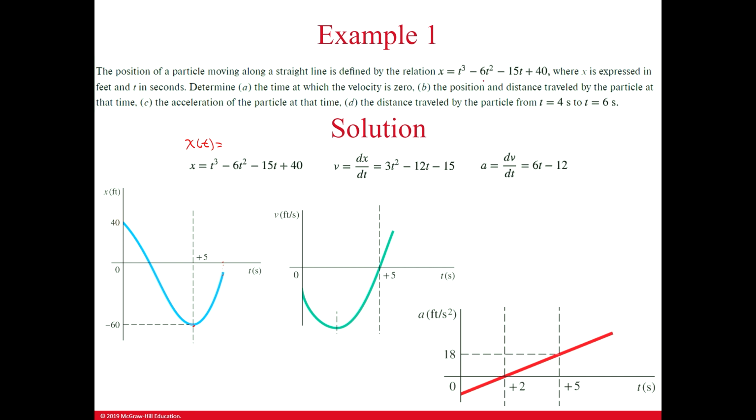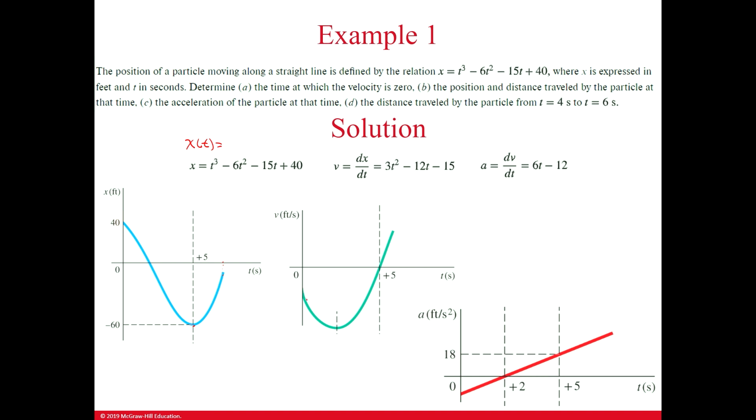And one of the questions is A, the time at which the velocity is 0. Okay, so that's pretty simple. This is the position. We have to find the velocity. So the velocity is the derivative, and we just derived that. So plot this, and again, if you have a graphics calculator, use it. If not, I'll show you next example how to plot it with Wolfram Alpha.